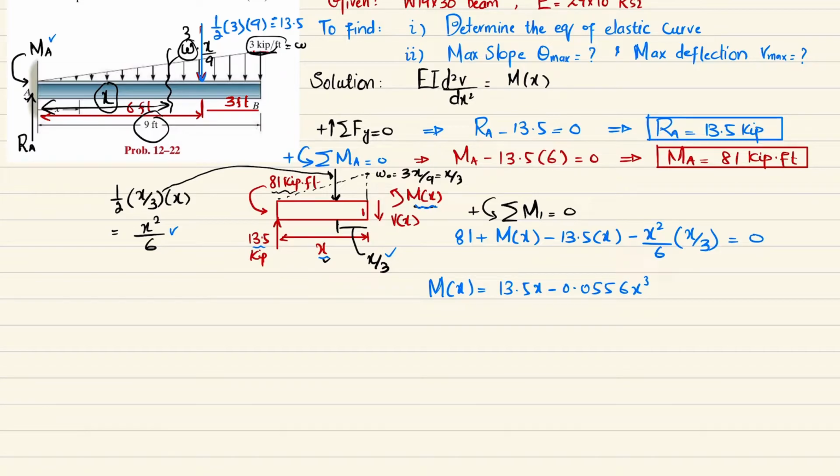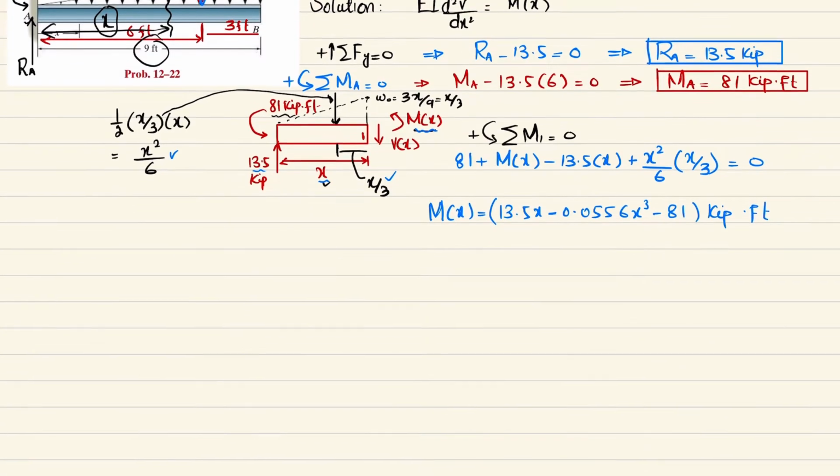This should be positive. Now look here, this into perpendicular distance is producing counterclockwise, so it will be positive. So make this correction, this is positive, so here it will be negative, minus 81. This will be the moment, and the unit will be kips into feet.